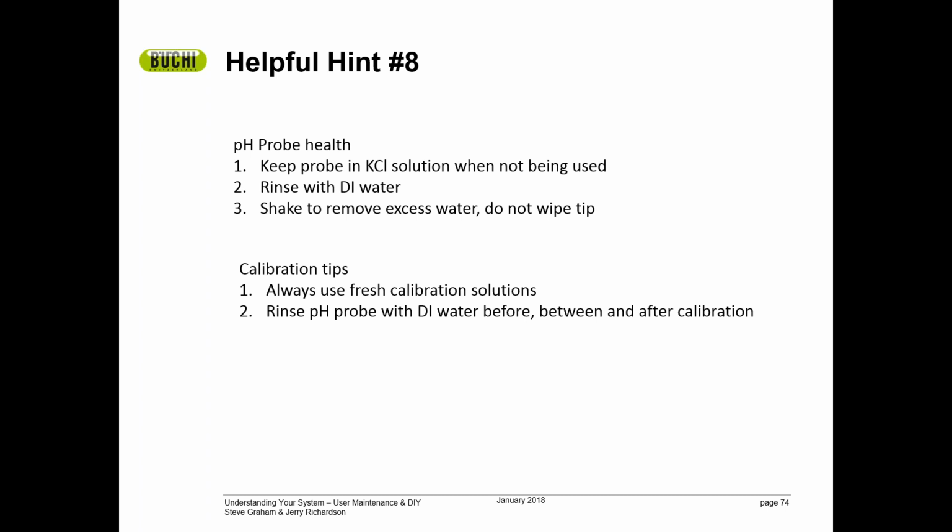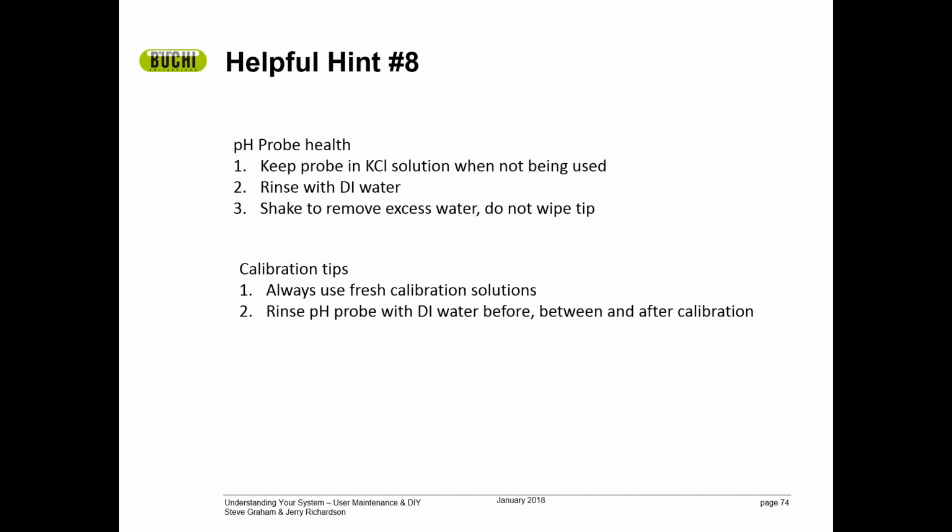Speaking of pH probes, it's very important if you have a liquid junction probe that you keep that probe in potassium chloride solution when it's not being used. Do not leave it out in the air. That's a really bad idea that will make the junction very slow, very sluggish.